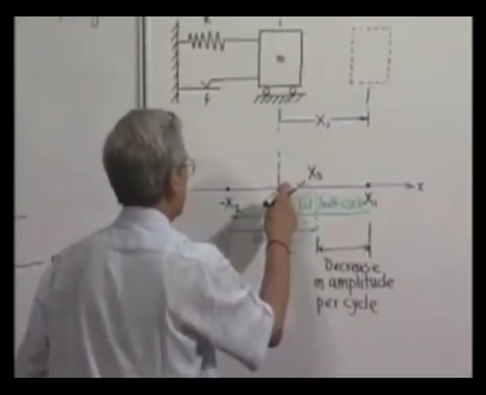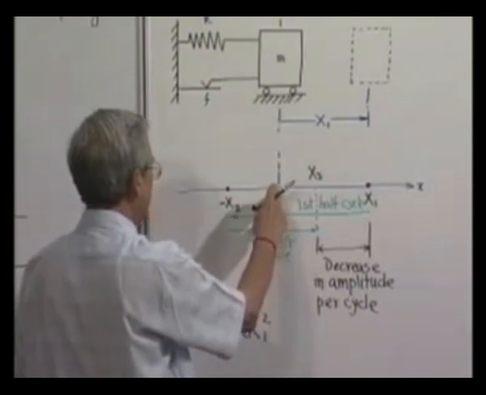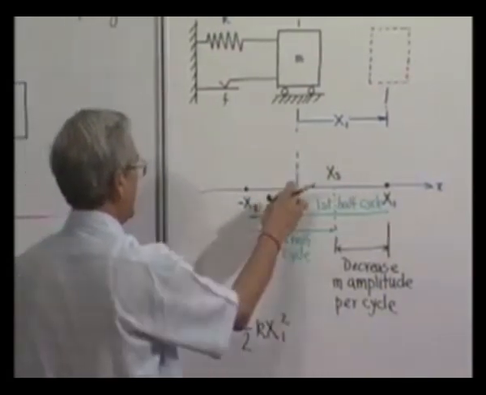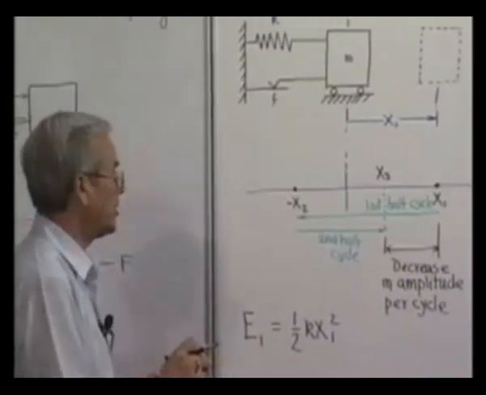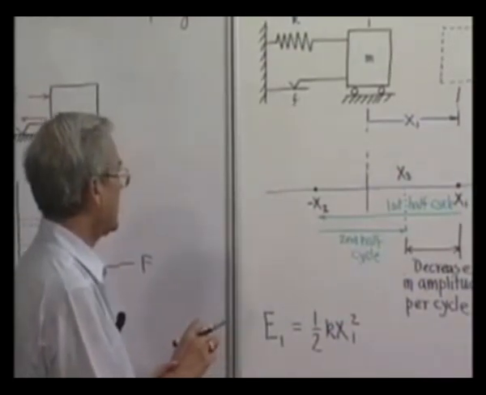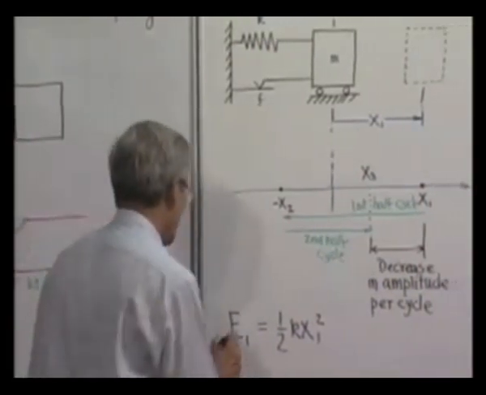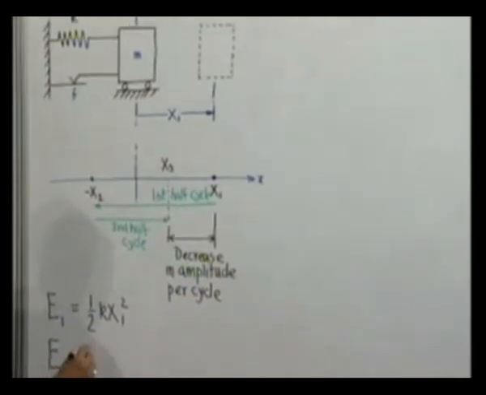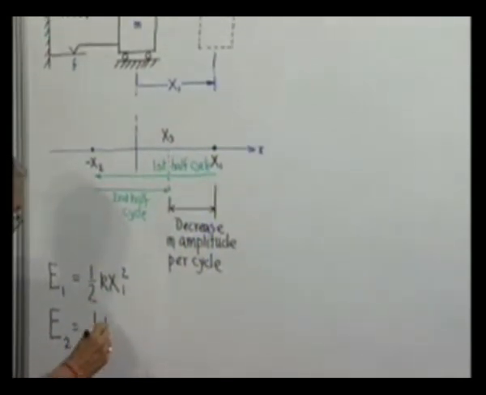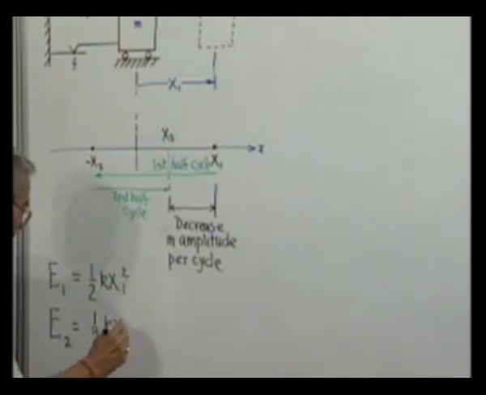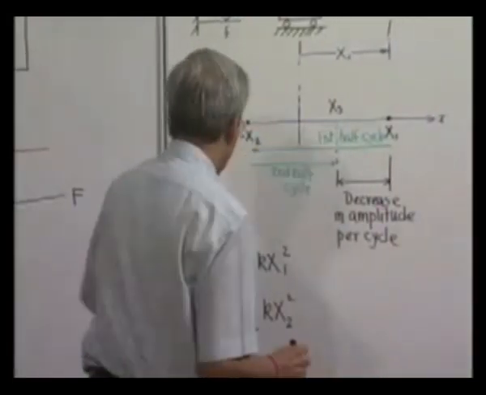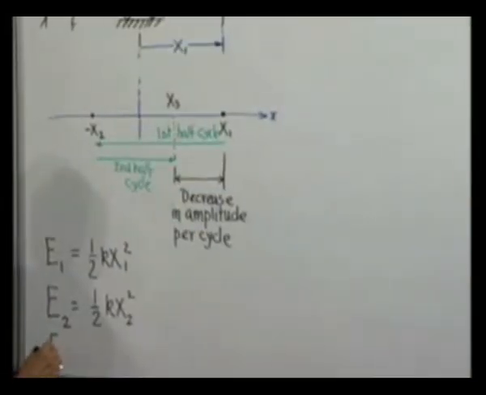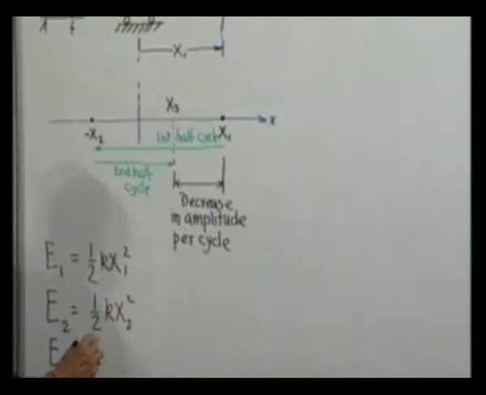When it came here, the spring becomes of natural length. Then it started being compressed, and when the block reached the other extreme position, then the spring was under a compression of x2. So E2 is half K x2 squared, and then again when it went and stopped here, the energy at location 3 is finally half K x3 squared.